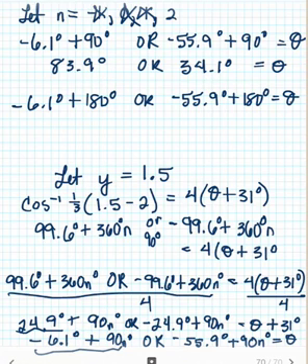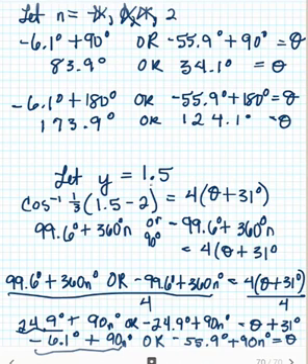So I should get, well, you can see I'm going to get the next 2, but 180 minus 6.1, I get 173.9 degrees, and then 180 minus 55.9. So I get 124.1 degrees. Okay, so I'm really done at this point because I could see that I have the first three.